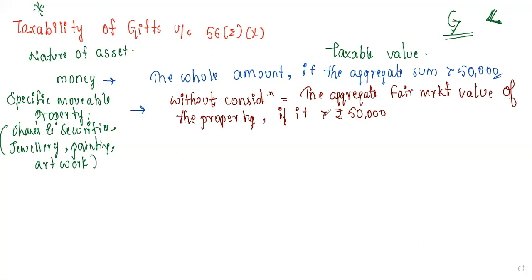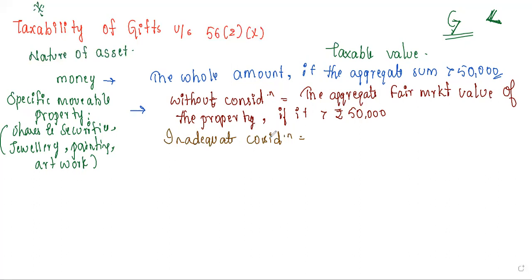Again here we have one more condition, that is with inadequate consideration. If the consideration is not adequate, you cannot predict whatever consideration you are going to receive. That is what we call an inadequate consideration.